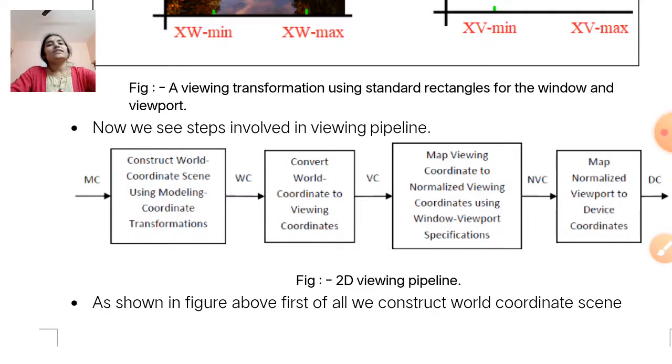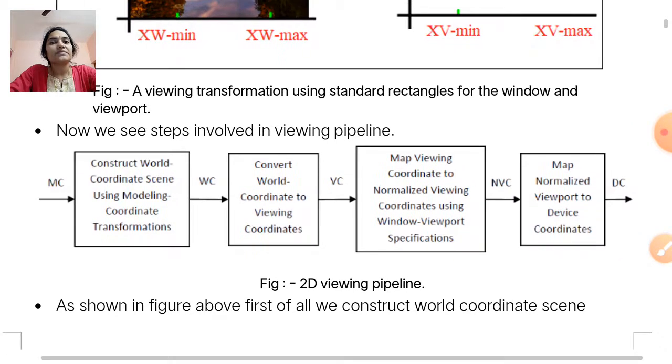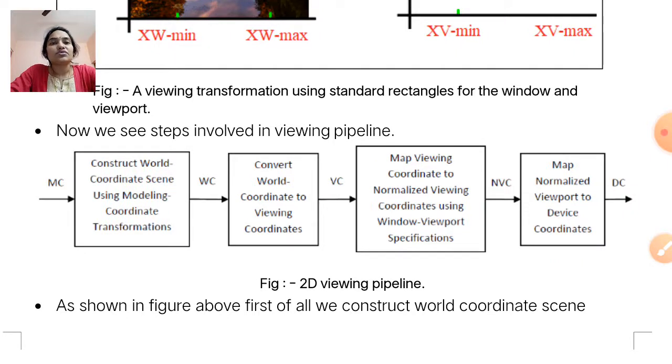Now we see some steps involved in the viewing pipeline. What are the different steps? First, construct the world coordinate scene using modeling coordinate transformation. Then it will convert to world coordinate.